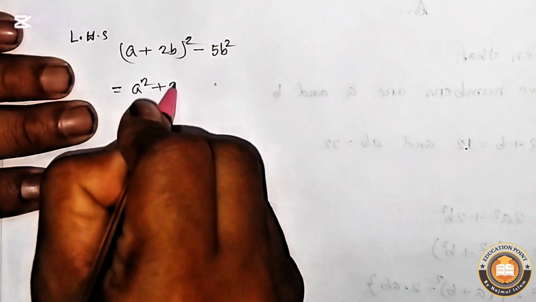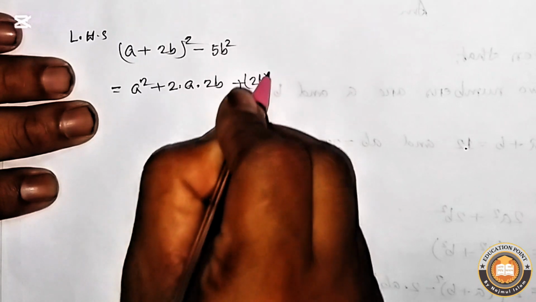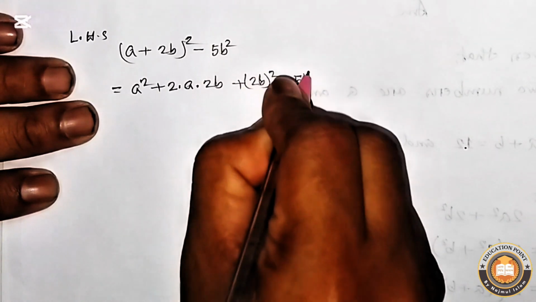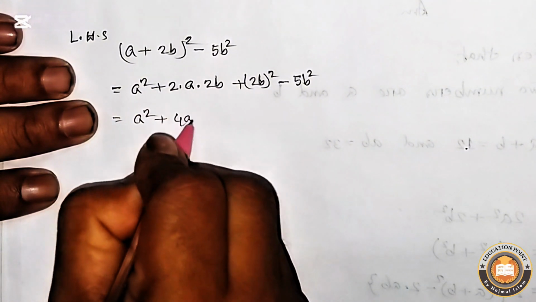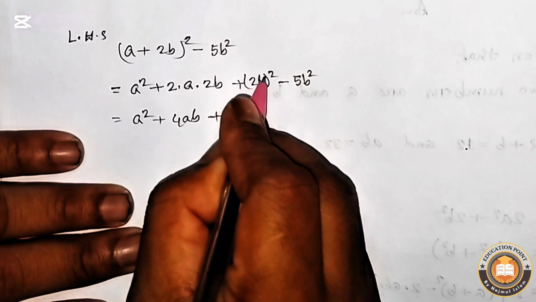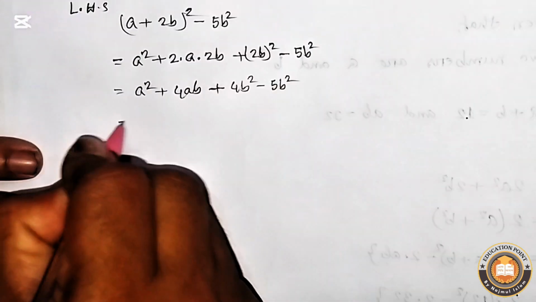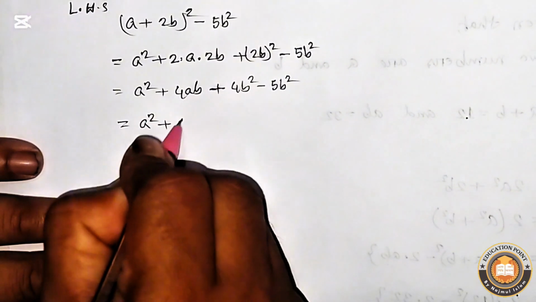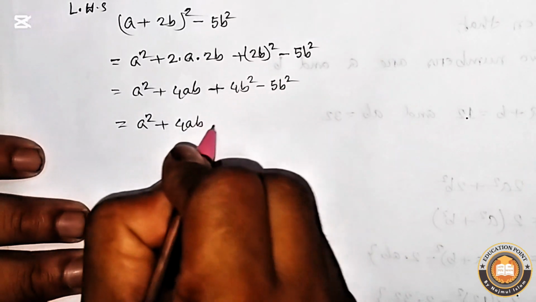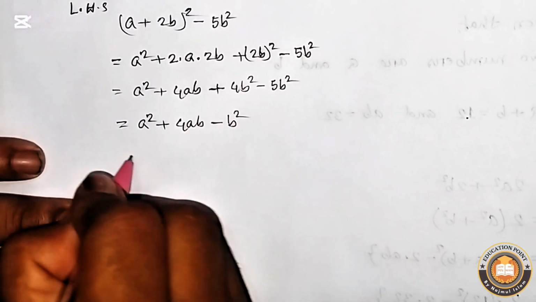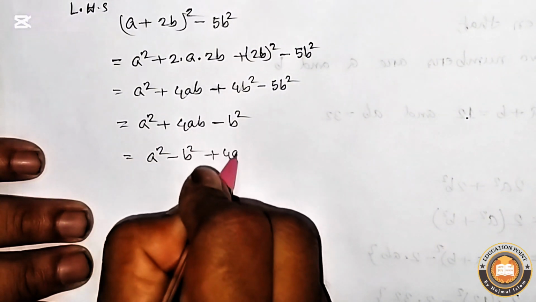A square plus 2 into a into 2b, plus (2b) whole square, then minus 5b square, equals a square plus 4ab plus 4b square minus 5b square, equals a square plus 4ab, subtracted value of minus 5b square and plus 4b square equals minus b square. This expression is rewritten as a square minus b square plus 4ab.